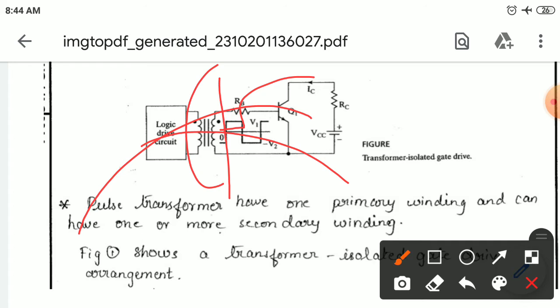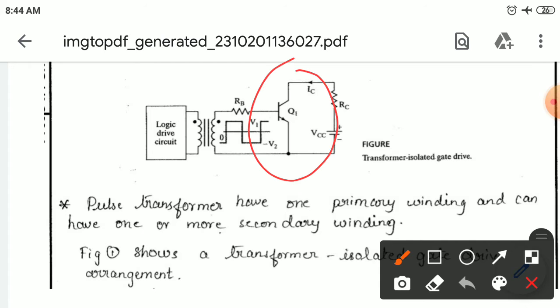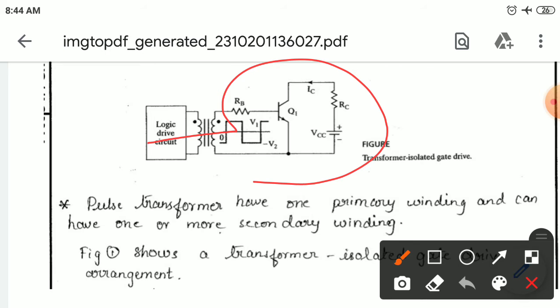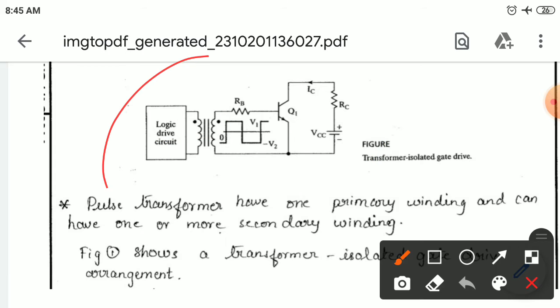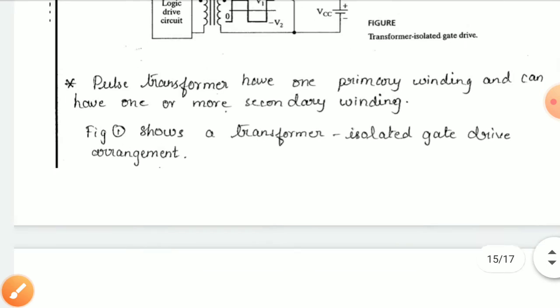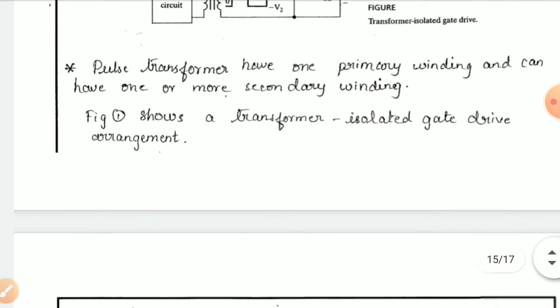This pulse transformer cuts down the power supply between the base of the BJT and the logical circuit. If the power supply is cut down, there is no path for the flow of reverse current, so your logical or trigger circuit gets protected. That is the method of isolating the BJT using the pulse transformer.